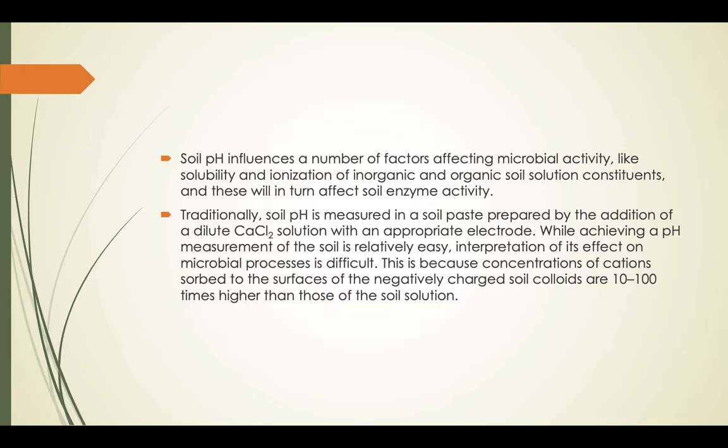You get one sample and then you make a soil paste from it, adding a diluent. Though that's not very systematic and it might result in biased readings, some practice it because of ease and because it will not take so much time.